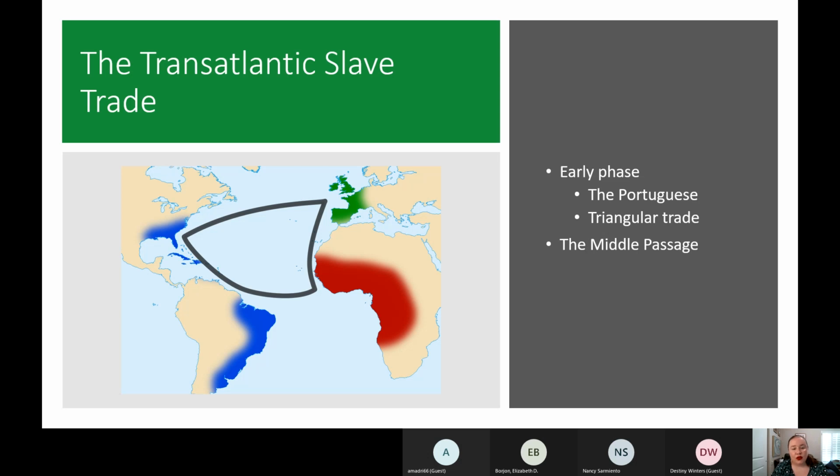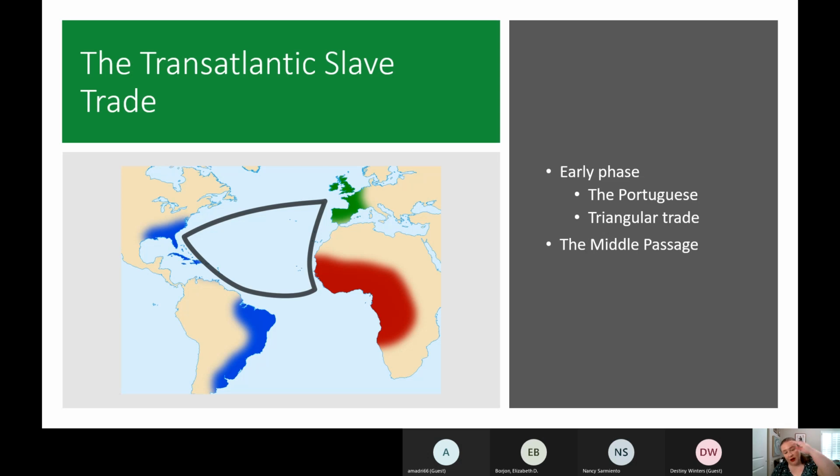So this is going to be the triangular trade route. Roughly, this is an oversimplification, but roughly we call this the triangular trade because Europeans would take finished products, things like guns or cloth, down to Africa, trade those for Africans, ship those Africans across the Atlantic, where they would be sold into slavery in the American colonies in exchange for raw materials, things like sugar and rum and tobacco.